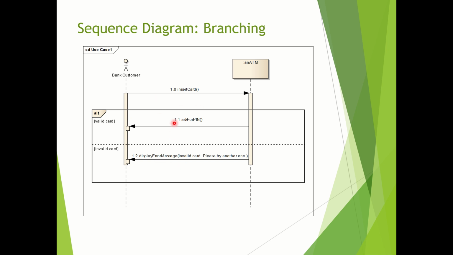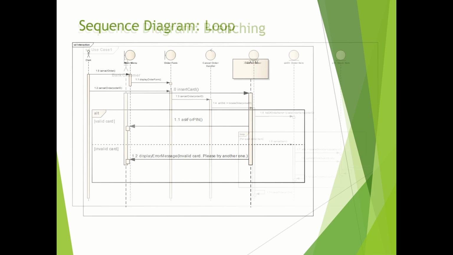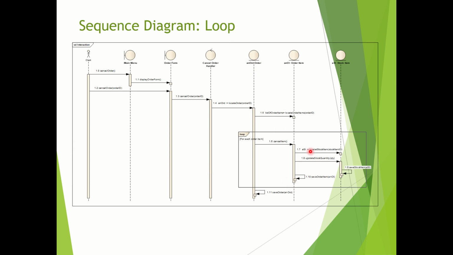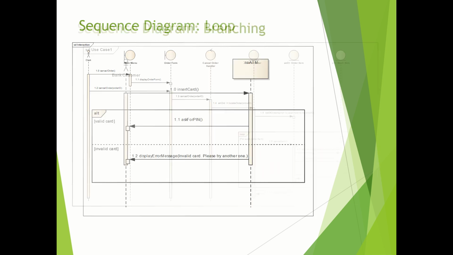Here also you can see that you are using a message, and this is the return message. In the return message, you will get the required return values. Here it is an alternative. Alternative means if the PIN is valid, you go this way. If the PIN is invalid, you go this way. In the previous one, it was more like an iterative one, so there we have to use a particular looping construct.